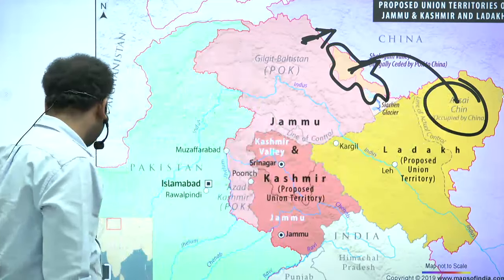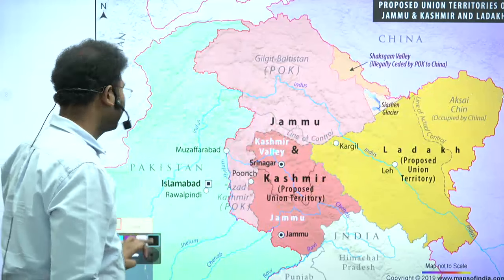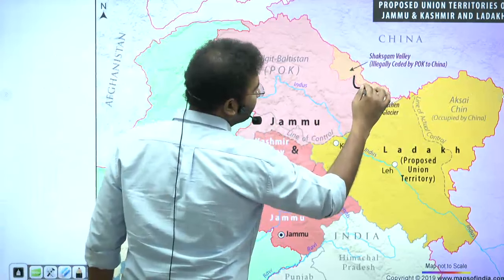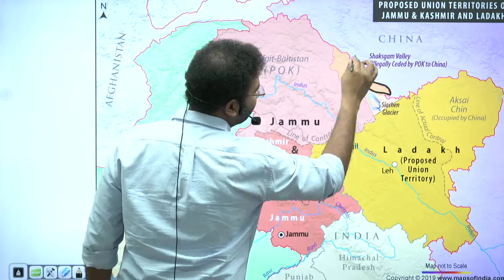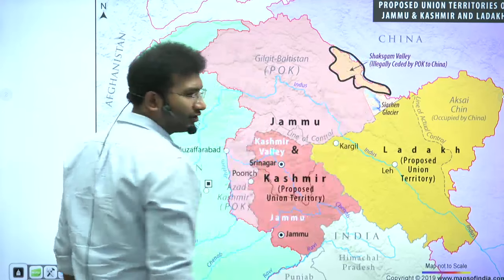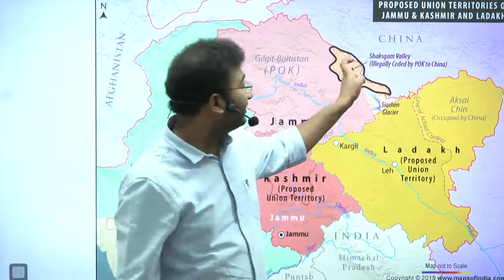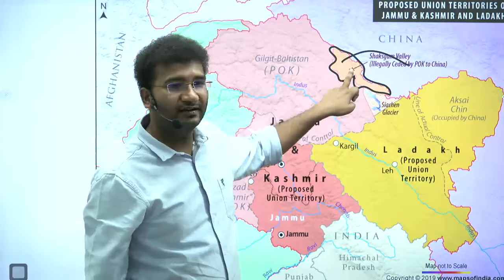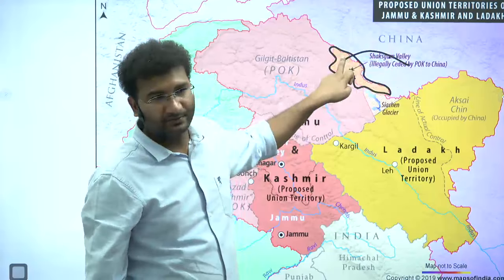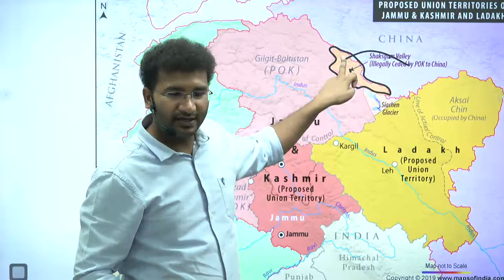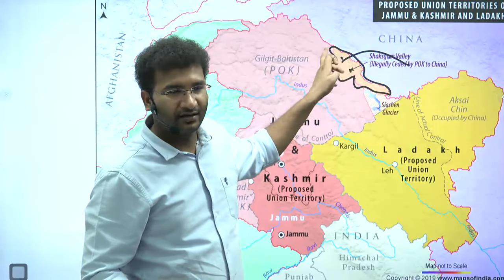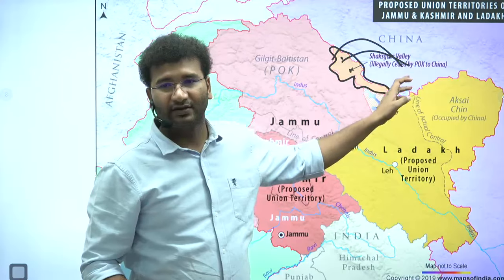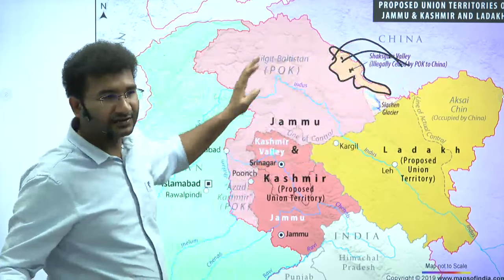This was illegally occupied by Pakistan, and later Pakistan gave it to China. Now if you enter this area, China will come into the picture. पहले तो illegally occupy किया कश्मीर पाकिस्तान ने, and then it gave to China. So it's a double dhamaka that India has to face.